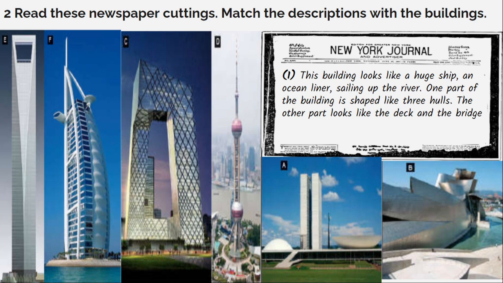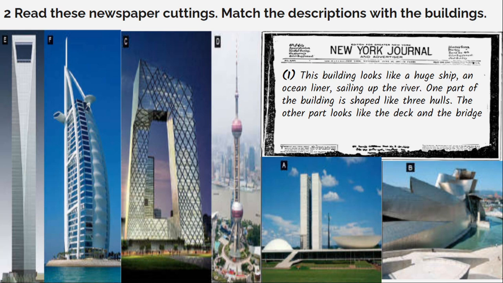We say a hull to refer to the lower part or main body of a ship or other vessel, which includes the bottom, the sides and deck, but not the mast, which is the upper part. So this building is shaped like 3 hulls.